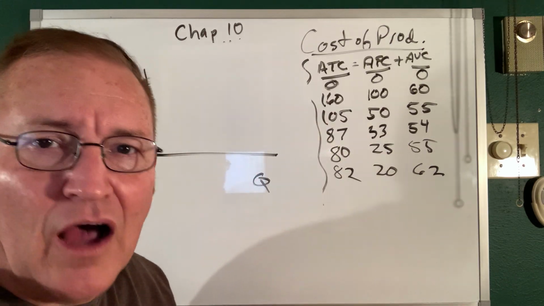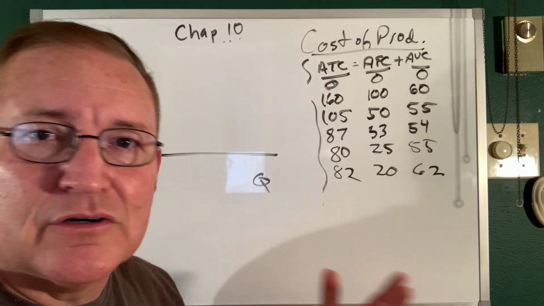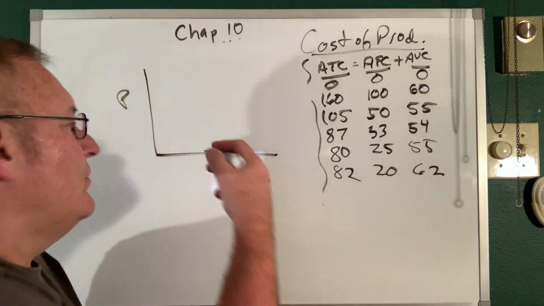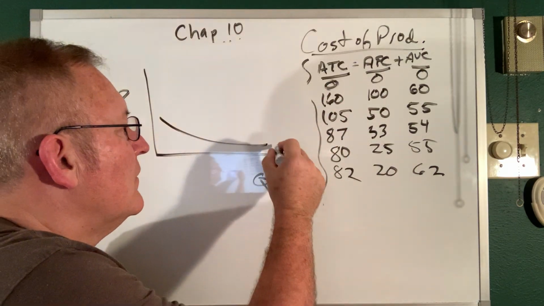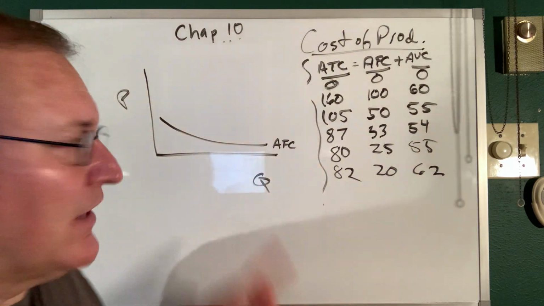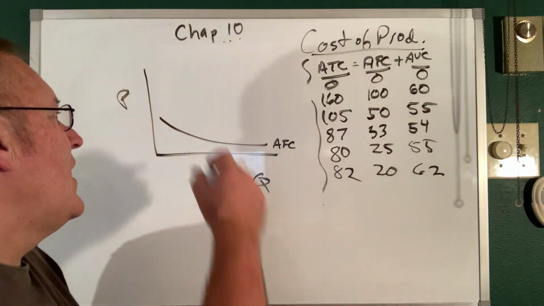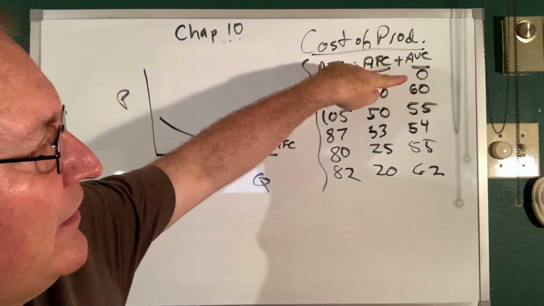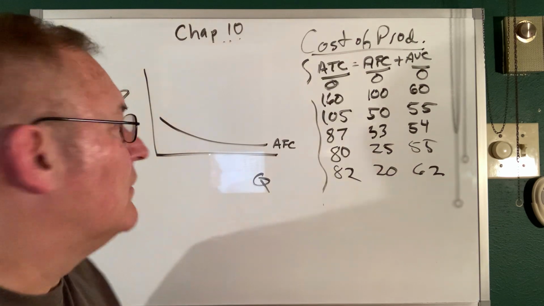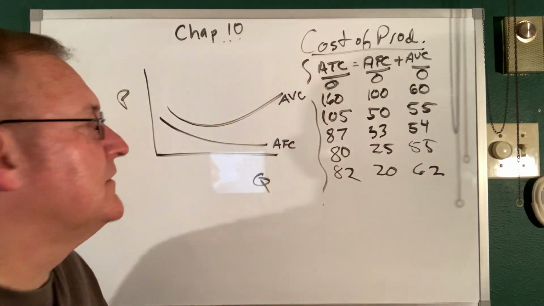Because it's a fixed cost, and as you divide it by more and more pizzas or snow cones or whatever the output is, that number is going to get smaller. So if we graph it out, average fixed cost looks something like that. It starts out big, and then it gets smaller. Okay. Average variable cost gets big, then gets small, and then starts getting bigger again, right? So it looks like that.